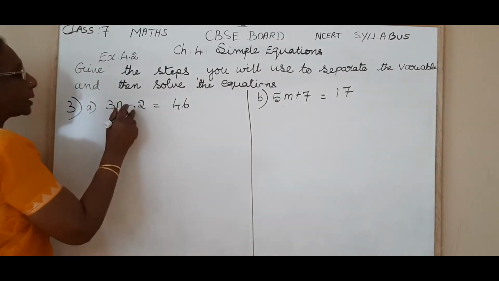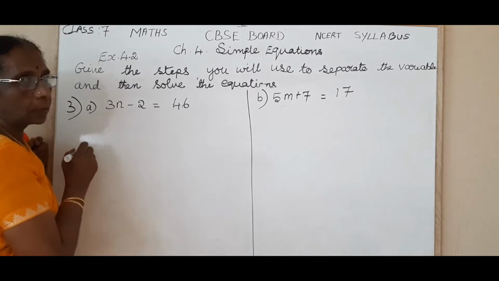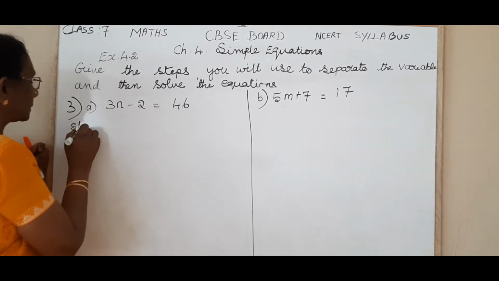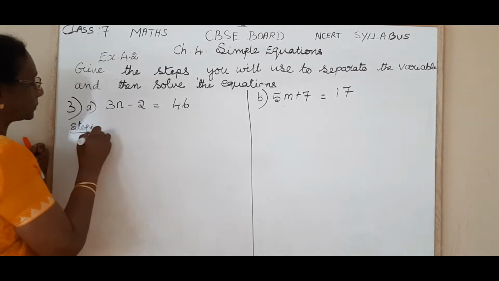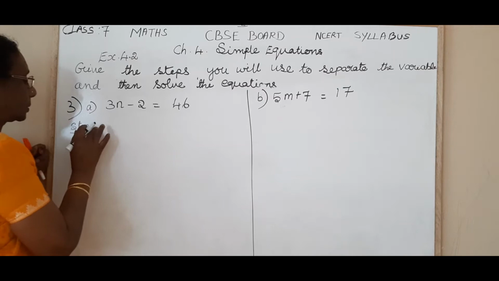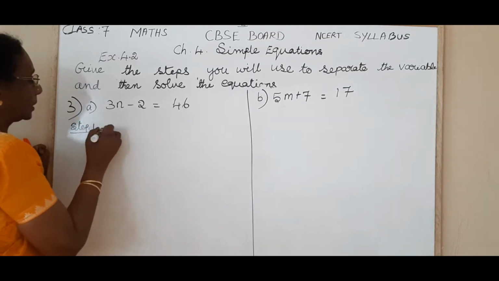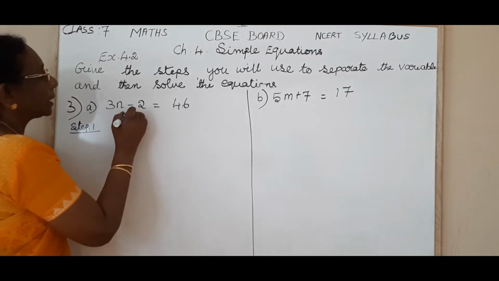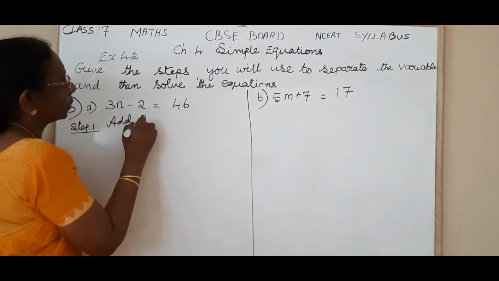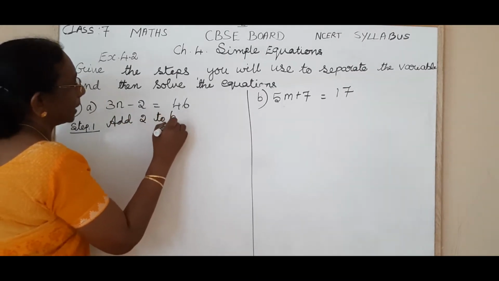Here you have to eliminate 2 first. For that, step 1: here it is subtracted, so you have to add 2 to both sides.